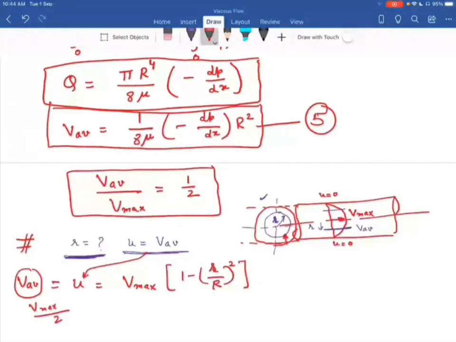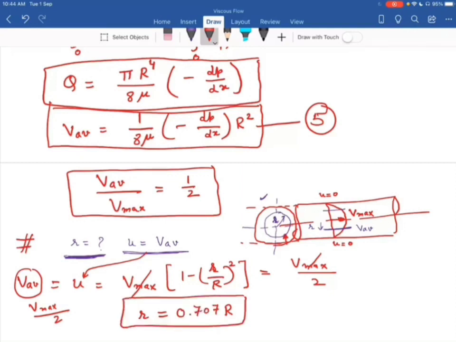So this term should be equal to V max by 2. V max cancels with V max. Find out r by capital R, so it comes out to be 0.707. This means at this radius, the velocity of the layer is V average.